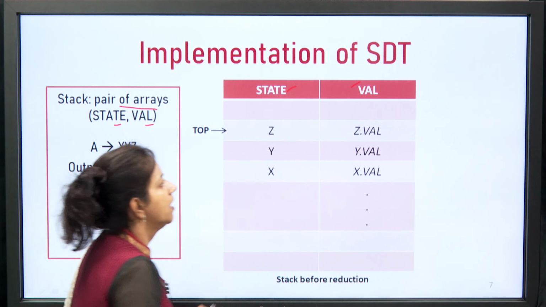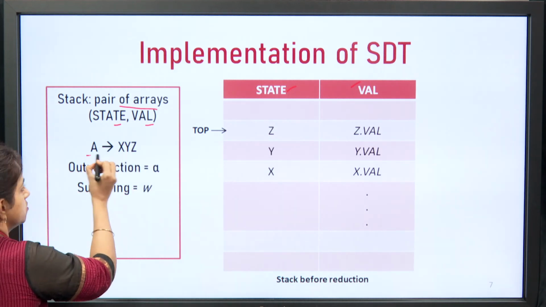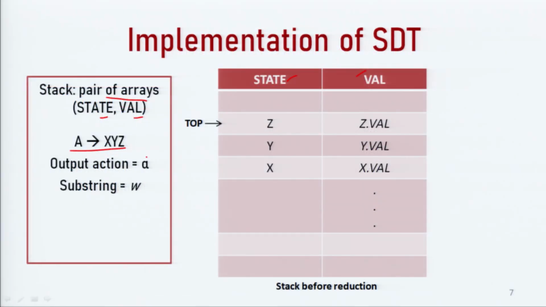Now, suppose the production is A to X Y Z, the output action is alpha and the substring is W. Now, we can obtain the derivation like A derives X, Y and Z, and then this derives in 0 or more steps W. So, here first we will see the stack before the reduction.